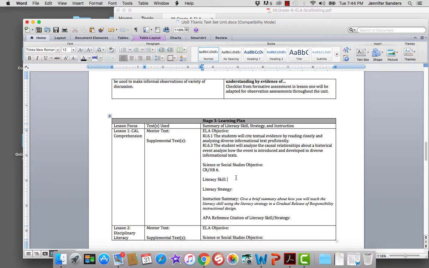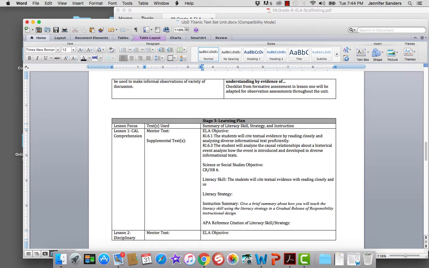So then what are my literacy skills? Well, they should be able to cite text evidence. So these students will cite textual evidence with reading closely and using analysis of informational text. Okay?